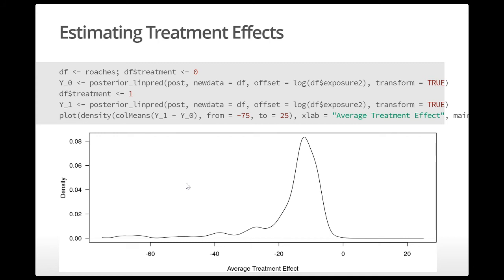Okay. So, fundamental rule of the potential outcomes framework, you only observe at most one of the two potential outcomes. But under a model, you can actually estimate the other potential outcome function.